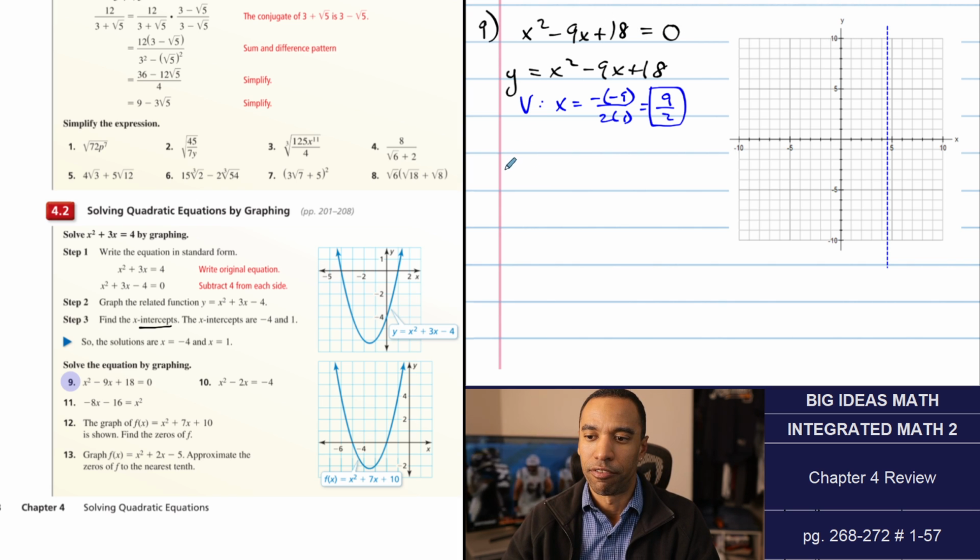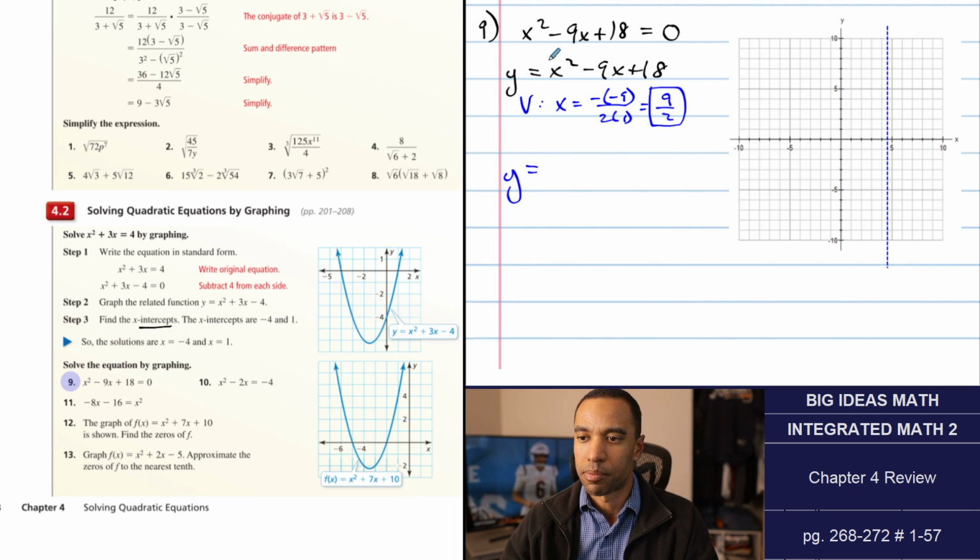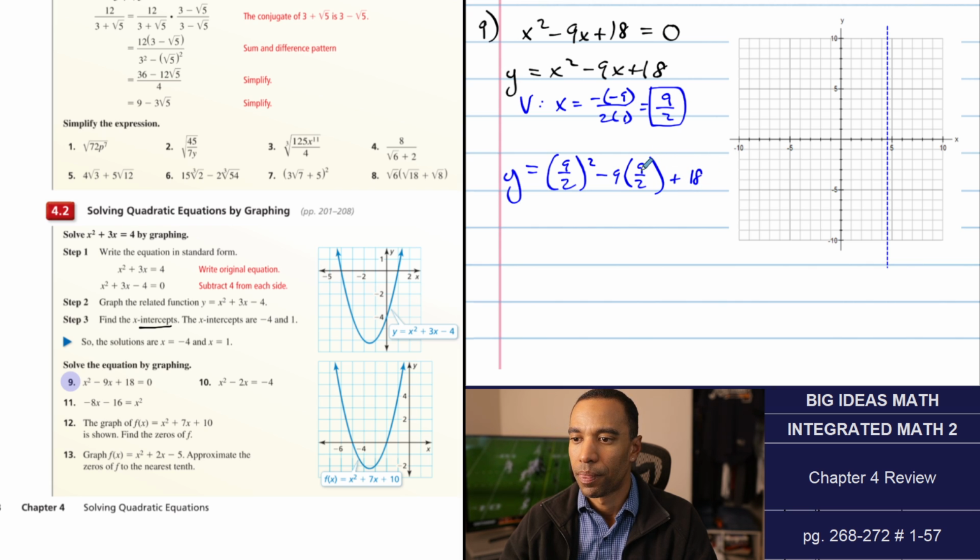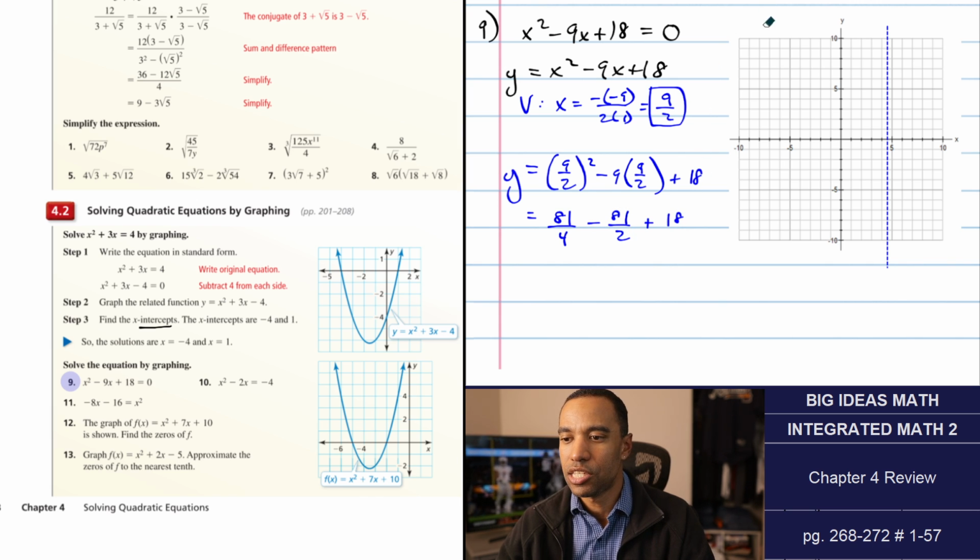The y value of the vertex, you substitute 9 over 2 into this thing. 9 halves squared minus 9 times 9 halves plus 18, which gives you 81 over 4 minus 81 over 2 plus 18.